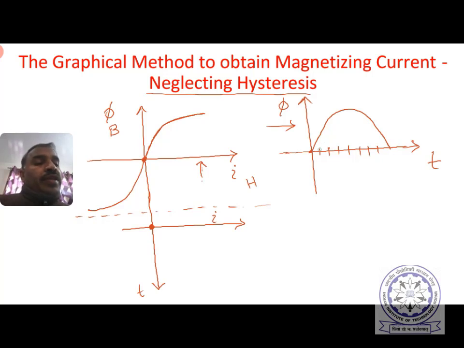Then the second point, at some instant t equal to t1. This is my flux, and for that particular value of flux, just trace it on the phi characteristic, and for this value of flux, this is the current. So this current I have to plot here, and this corresponds to the t1 instant.